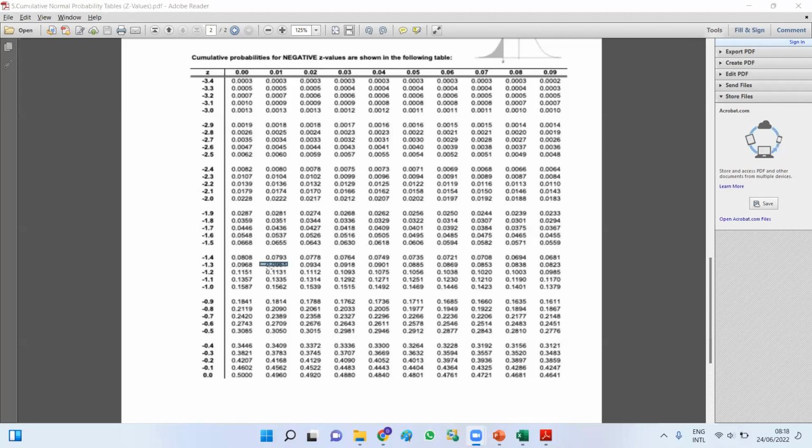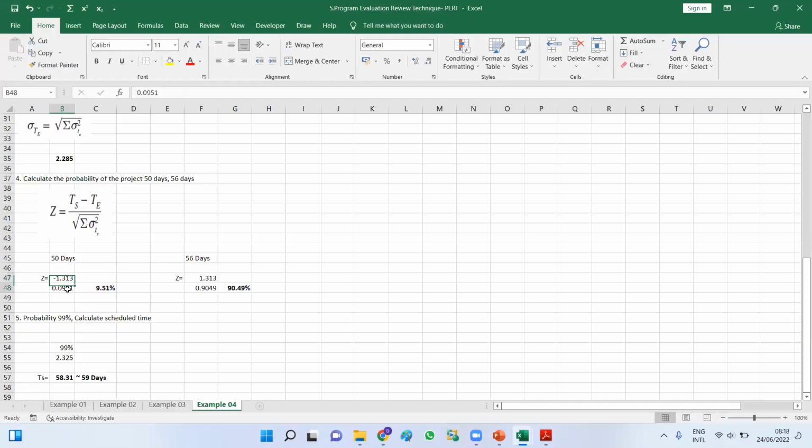0.0951 is the value. I have taken this here, and it is better to put it as a percentage value. Therefore, I have put it as 9.51%. So what is the meaning of this 9.51?